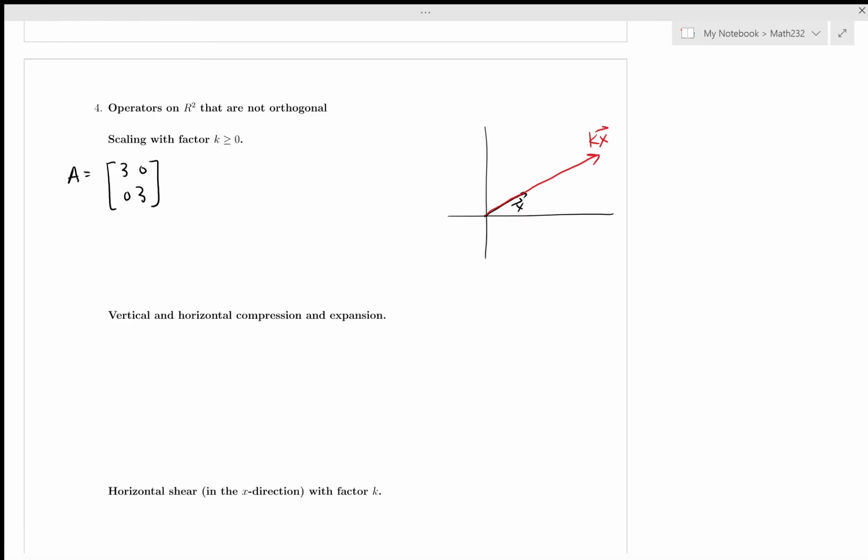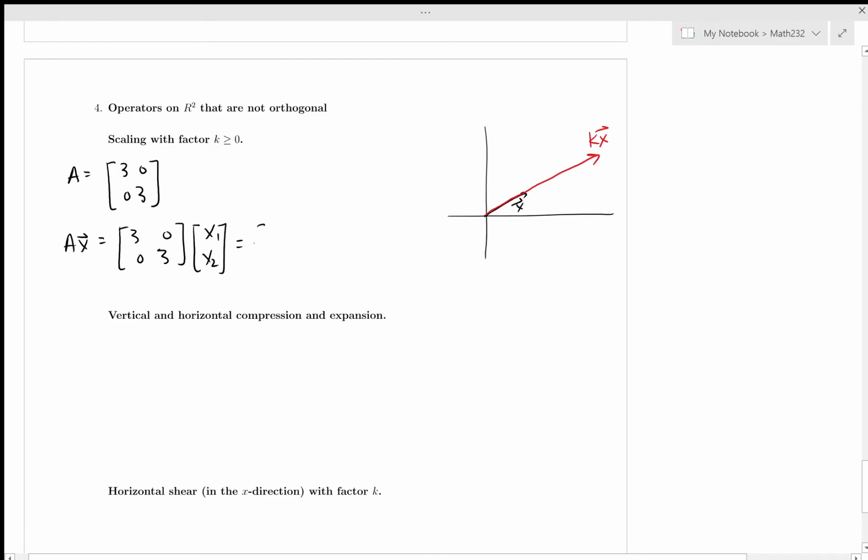So if I take, for example, Ax, I get 3x1 and then 3x2, which then I can write like this. Okay, so that matrix A scales my vector by a factor of 3. And you'll notice the determinant here is equal to 9. Determinant is not 1.